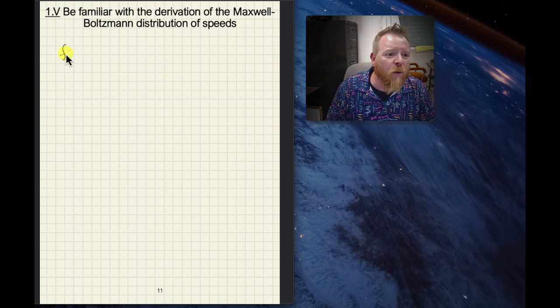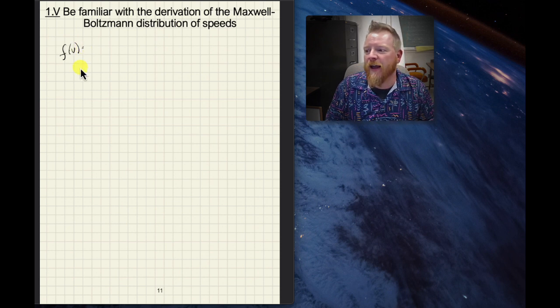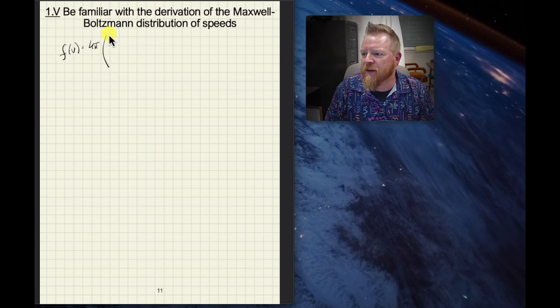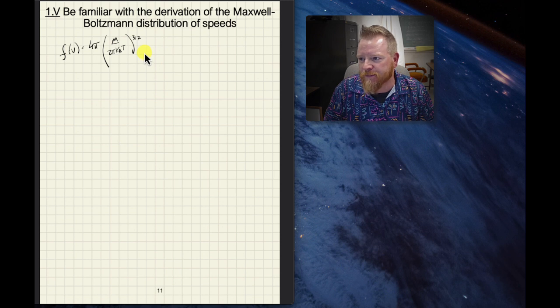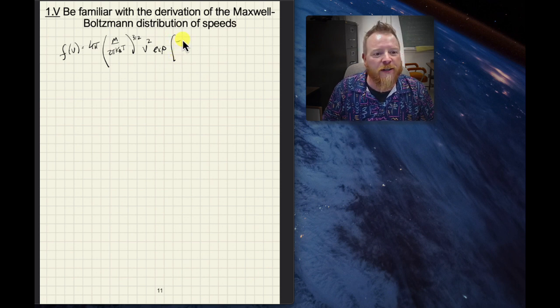So let's rewrite that equation that we came up with. Okay, f of v equals 4 pi times, and remember our constant k went m over 2 pi times k Boltzmann times T, all to the 3/2 power, times velocity squared times the exponential of negative m v squared over 2 times kBT.